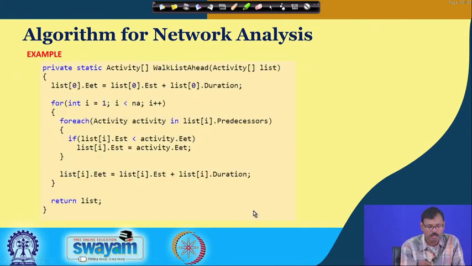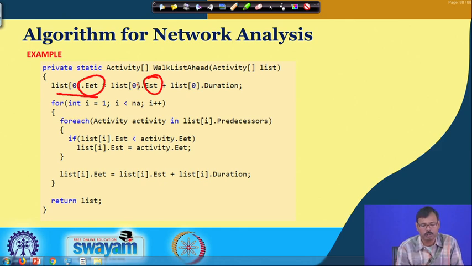Then the forward pass is made to identify the early ending time and early starting time of each job.